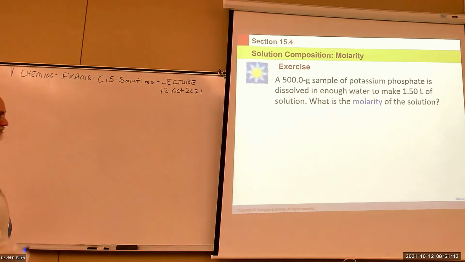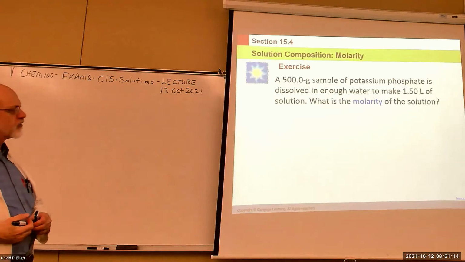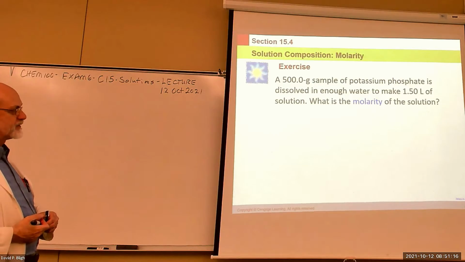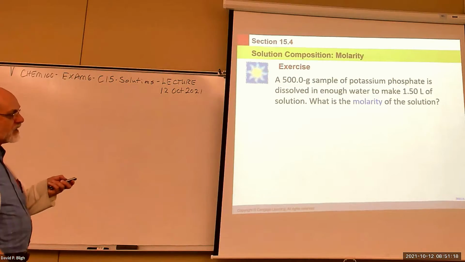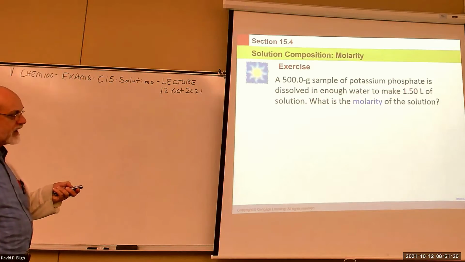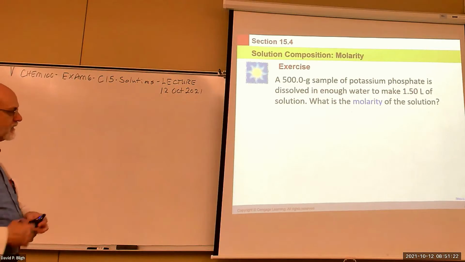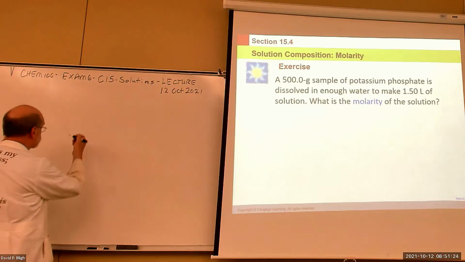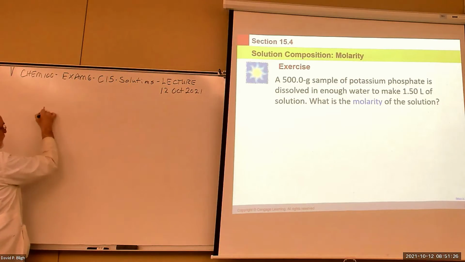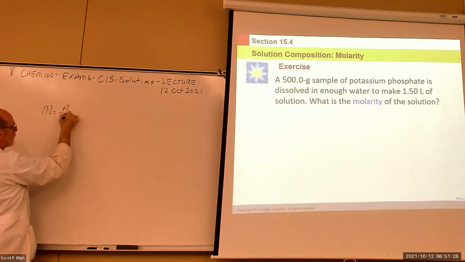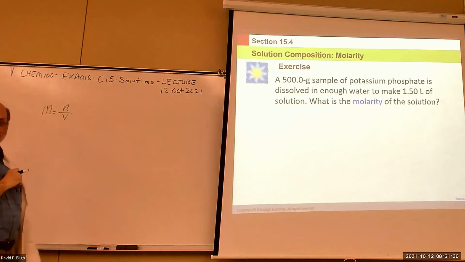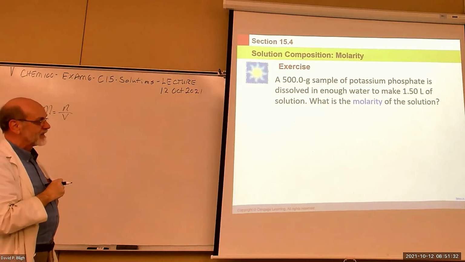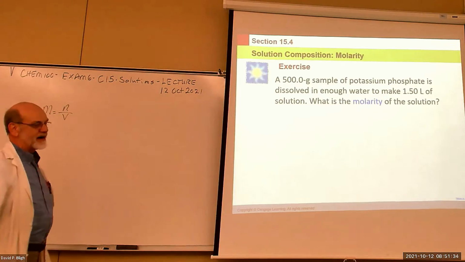What about this one? You have 500 grams of potassium phosphate, and you dissolve it in enough water to make 1.5 liters of solution. So the formula still holds. Molarity equals moles per liter. What do we have? We have 500 grams.